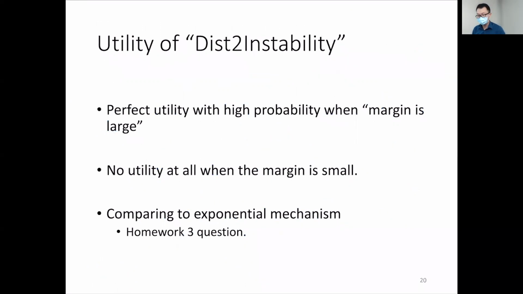It doesn't compare to the exponential mechanism on equal footing unless we can define some kind of utility measure. So I designed a homework question series for you to compare the utility of distance to instability to the exponential mechanism, so that you can see when it makes sense to use one versus another.